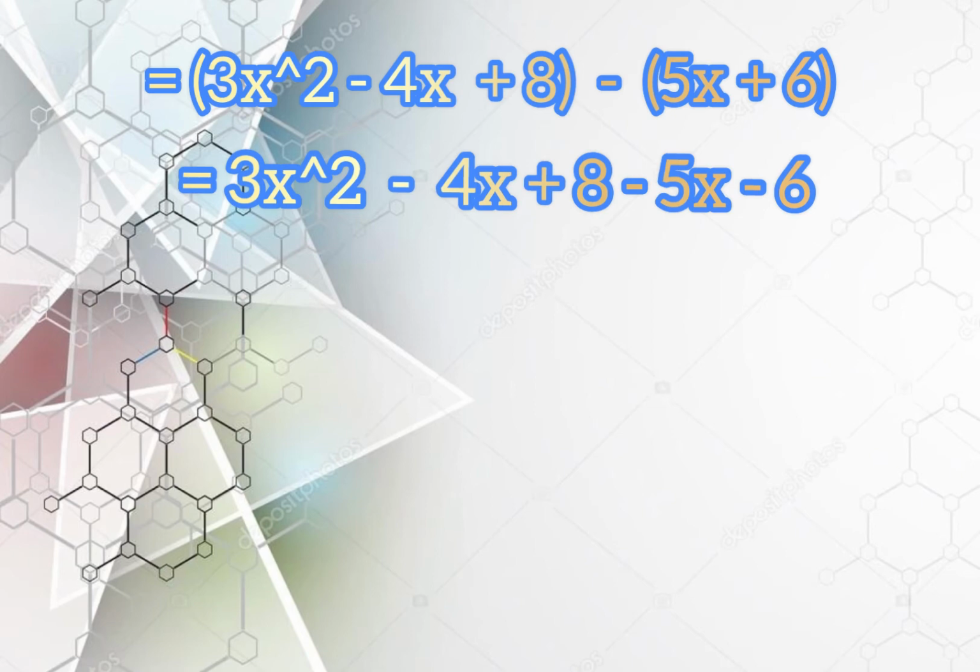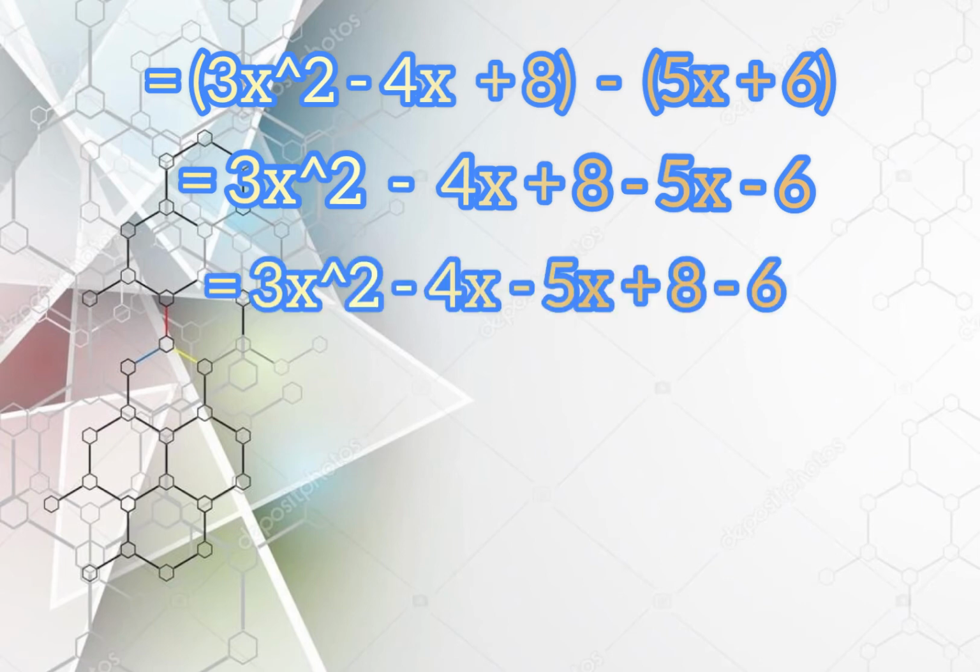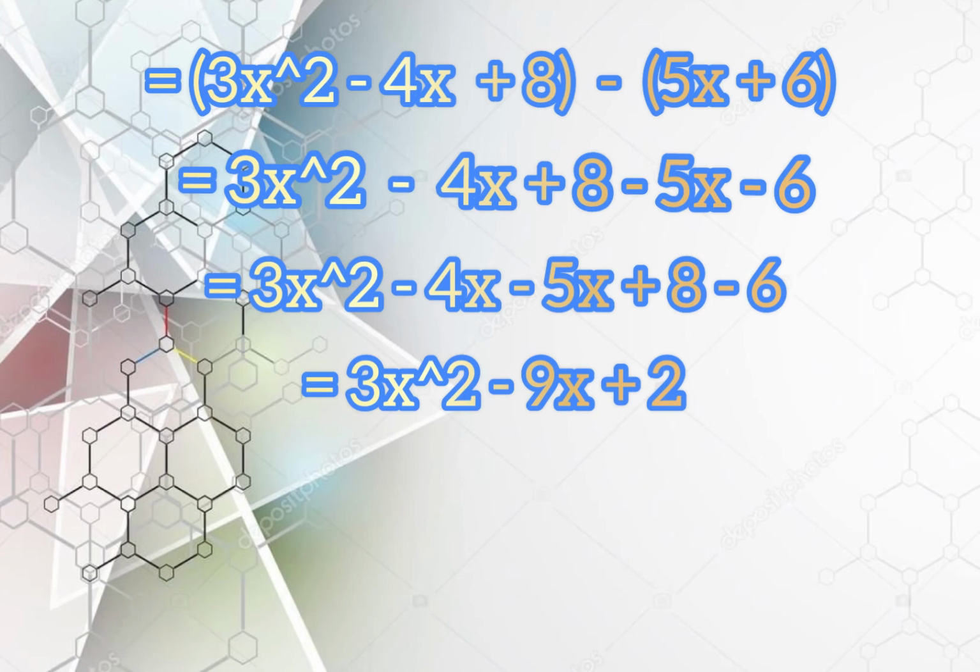Then we combine the terms and there will be 3x to the second power minus 4x minus 5x plus 8 minus 6. And then it will be 3x to the second power minus 9x, because minus 4x minus 5x will be minus 9x, plus 2.